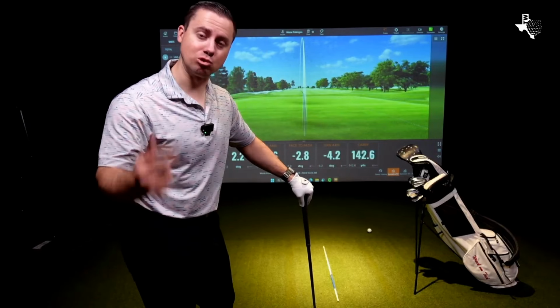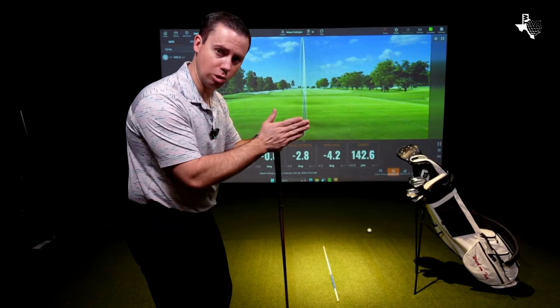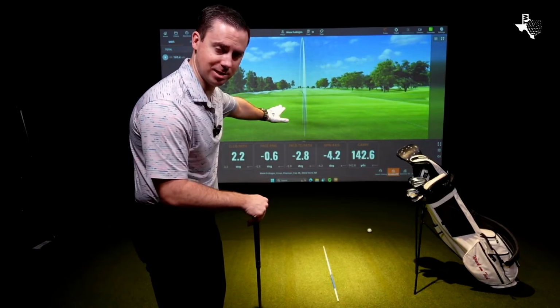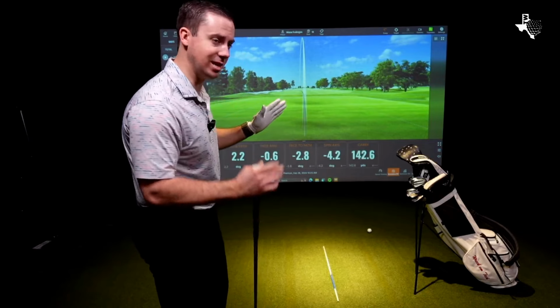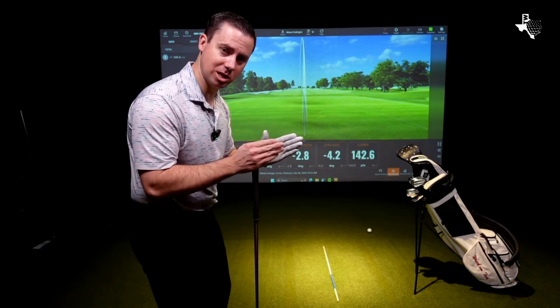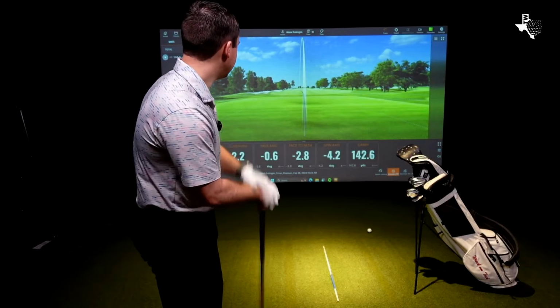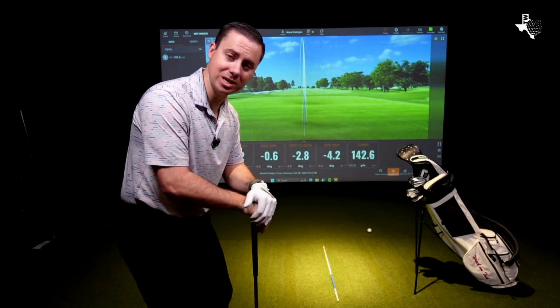So if you want to hit straighter shots, we have to get your path and your face closer together. And that alone will affect your spin axis and get the ball to curve a lot less. Because the goal is to get the spin axis as tight as possible. The number kind of depends on what you want. Honestly, that's a pretty good shot. So if you can keep it under -5, you're not going to see the ball curve a crazy amount.